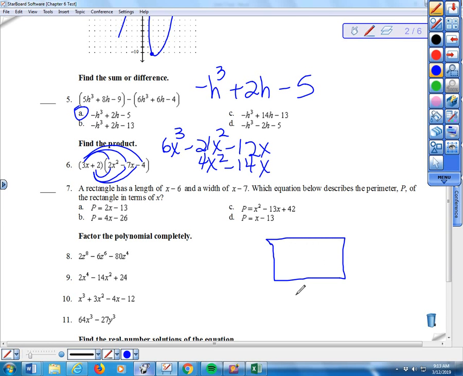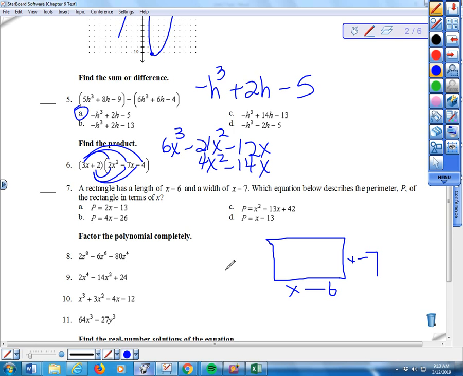The length is x minus 6, and the width is x minus 7. So I know the perimeter is going to be x minus 6 plus x minus 7 plus x minus 6 plus x minus 7, which is 4x minus 26, which is letter B. Perimeter, you just add the sides. You don't multiply. Area is when you multiply length times width.